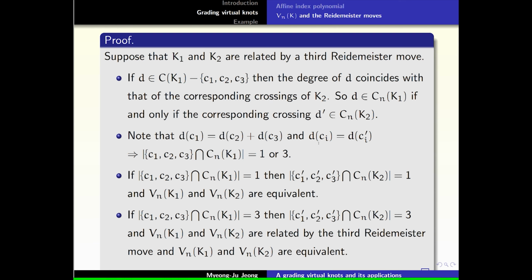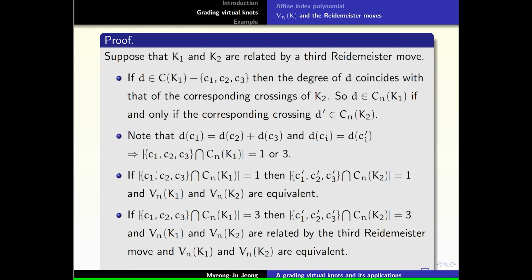And we can also show that the degree of Ci is equal to that of Ci prime. And so we can see that the number of elements in the intersection of {C1, C2, C3} and C_n K1 can be 1 or 3. So we should analyze these two cases.